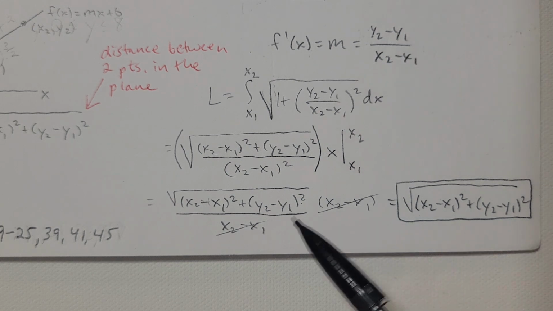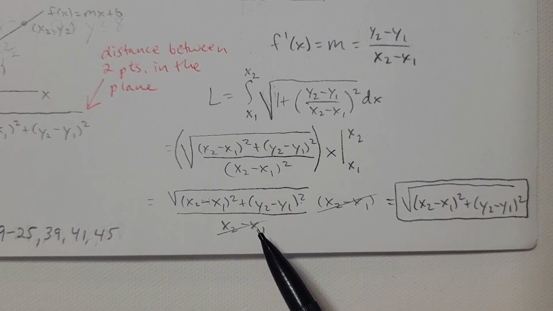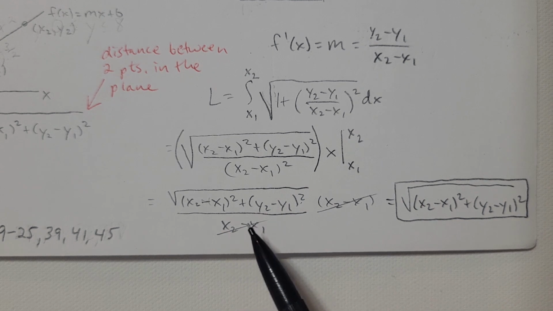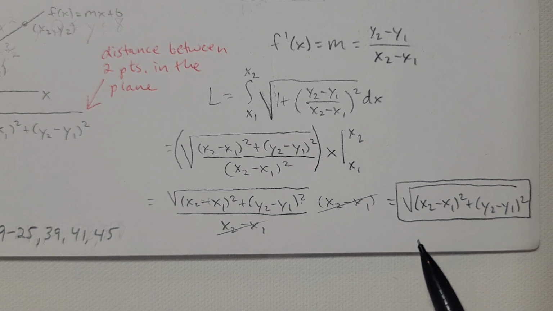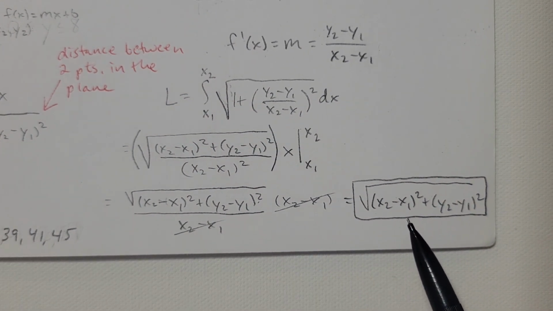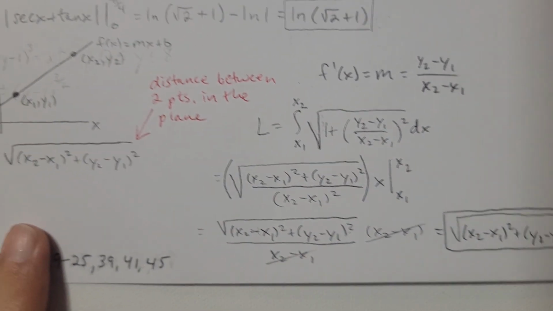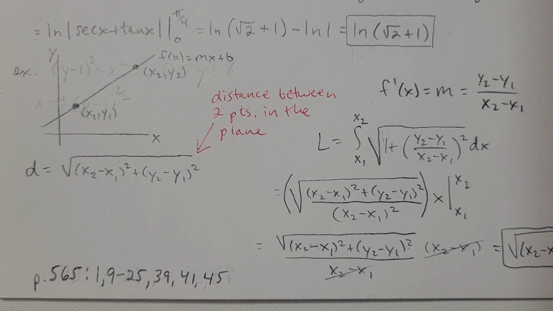And the square root of x2 minus x1 squared, that's x2 minus x1 in the denominator of this. So I'll be able to cancel out those x2 minus x1 terms. That leaves me with the square root of x2 minus x1 squared plus y2 minus y1 squared. Well, that formula is the same thing as the distance formula that you see in the algebra class. So this is one way to show where the distance formula is coming from.